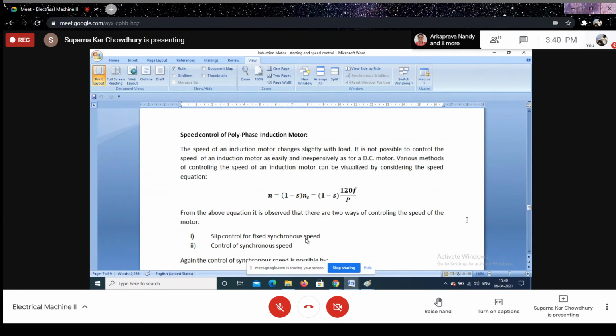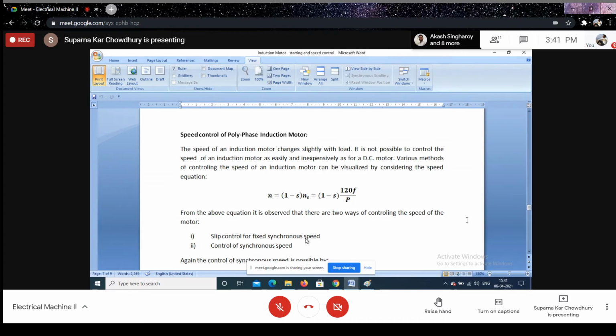Unless we have an elaborate speed control arrangement, the motor speed mainly depends on the load connected to it. Normally from no load to full load, the speed drops very slightly. So the characteristic is almost similar to a DC shunt motor, with the speed dropping slightly from no load to full load.